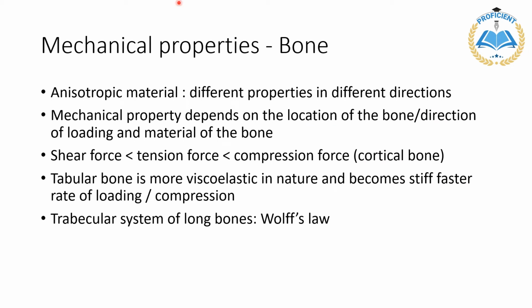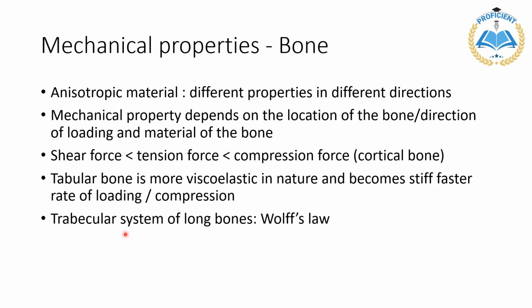If you look at the mechanical properties of bone, as we saw, it depends, apart from the properties of the force, upon the composition of the material. So the bone is made of two types: cortical bone and cancellous bone, where cortical is dense and firm, whereas cancellous bone is more spongy and consists of the trabecular system that develops based on the load applied during static and dynamic activities.